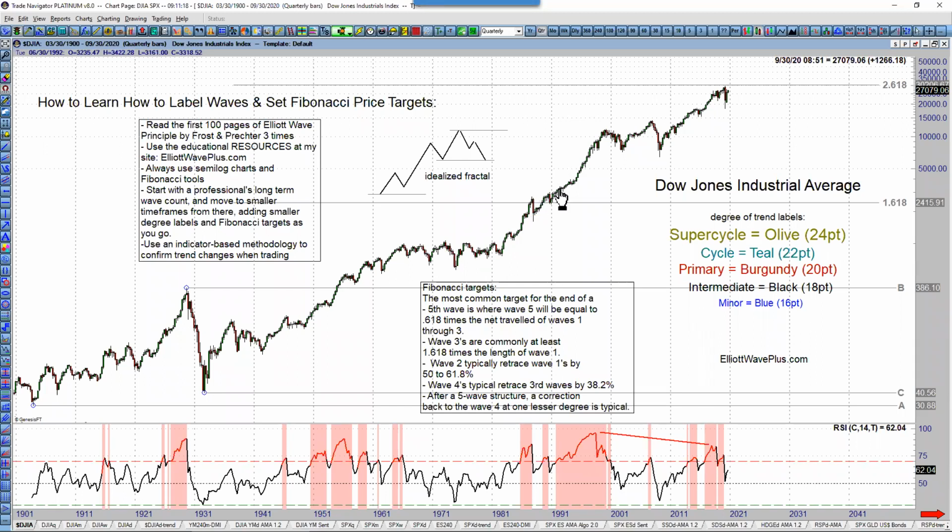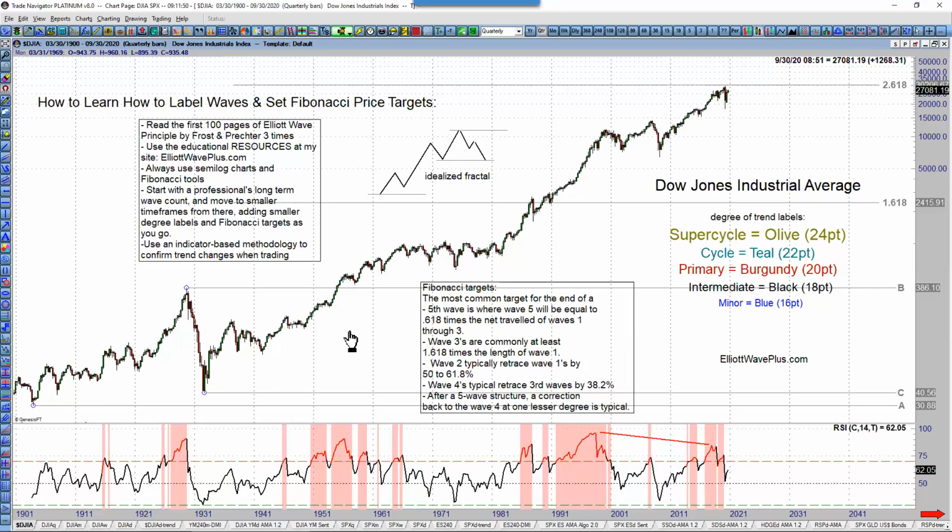And so the wave 3, if measuring it from the 1903 low, might be an extended target where the wave 3 would be 2.618 times the length of wave 1 back here. And that target comes in at 30,200, and we came within just a few hundred Dow points in February of this year of striking that target.